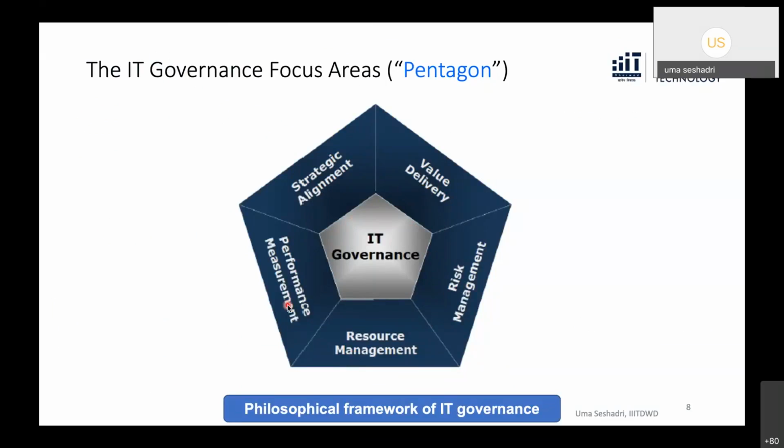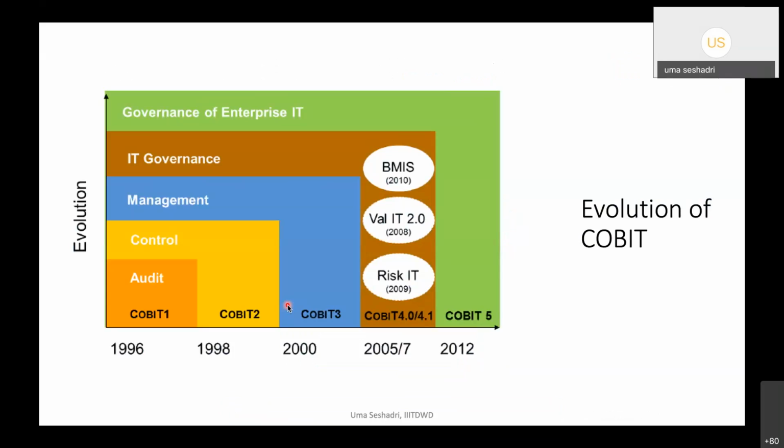This was actually the philosophical framework of IT governance on which it started. And now a lot of things have been added into this framework, and today it has become an enterprise-wide, end-to-end IT governance model. So the first one is this evolution of CoBIT. If you see here, it is growing.